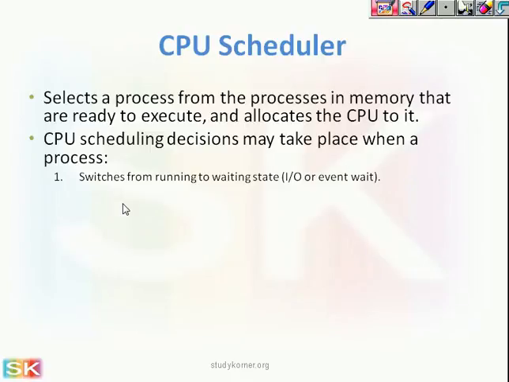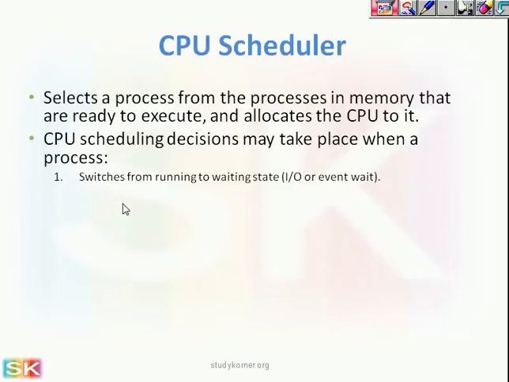So we can say that whenever a process leaves the CPU, the next process has to be selected to execute in the CPU, because now my CPU is idle, and when CPU is idle, a process has to be shifted from ready state to running state. And it's the job of CPU scheduler to select a process from ready queue to put it into the CPU, right?